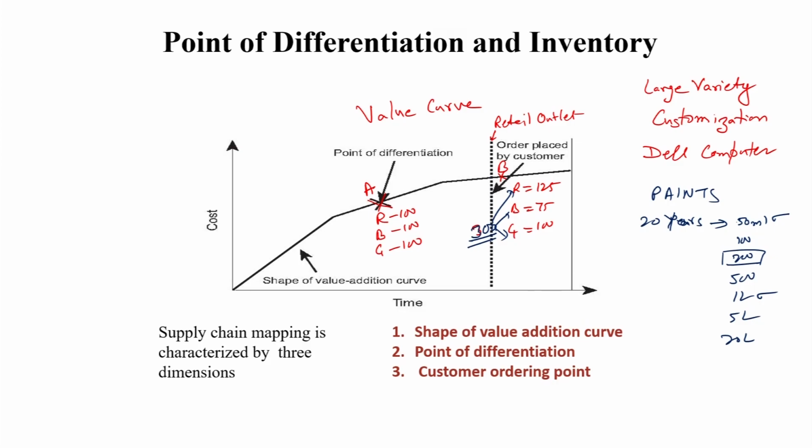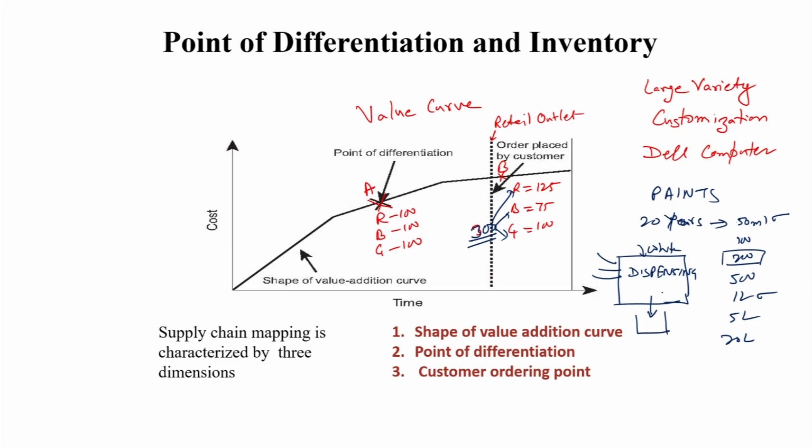But now, we are able to differentiate at the point of usage. Rather than keeping all the colors in packed condition, you have a dispensing unit, a mixing unit, where you keep white paint, and there are tints, a computerized machine, and by adding those 3 tints you can create whatever shade you want and the quantity you want.